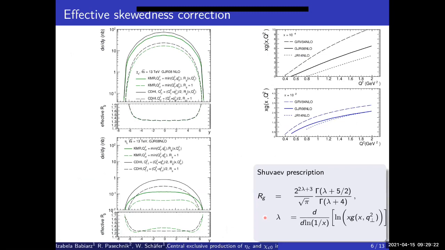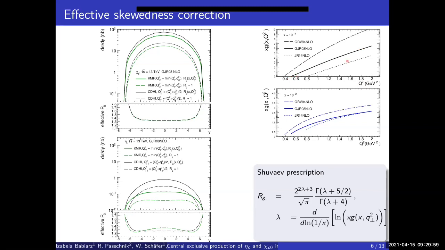To describe these processes well, we need a gluon which depends on a low scale, so we need a gluon with very low Q squared. In this case, we found gluons provided by the Dortmund group, and in our calculations we used this one, the straight line in the middle.